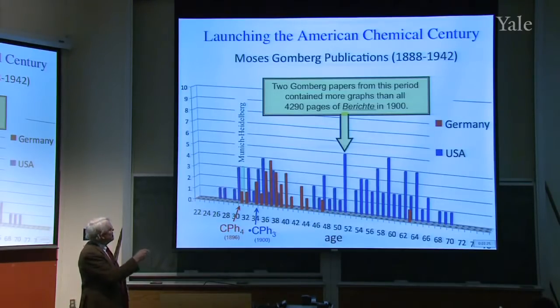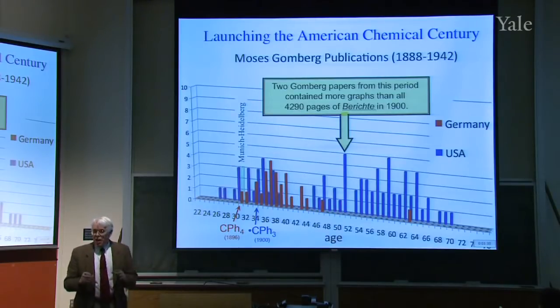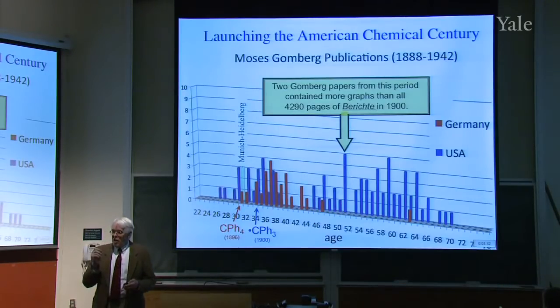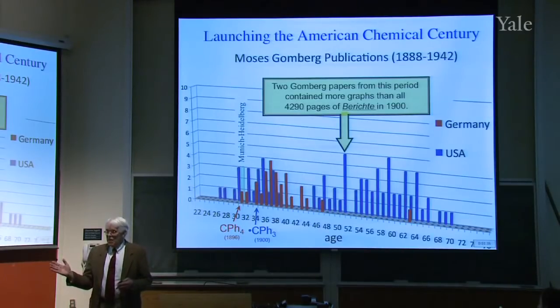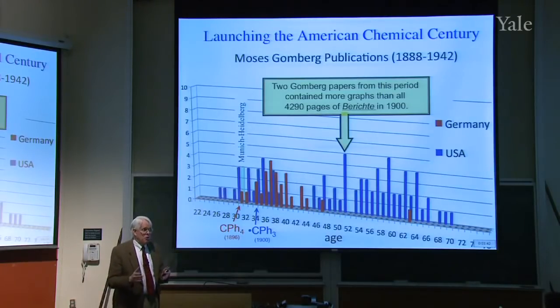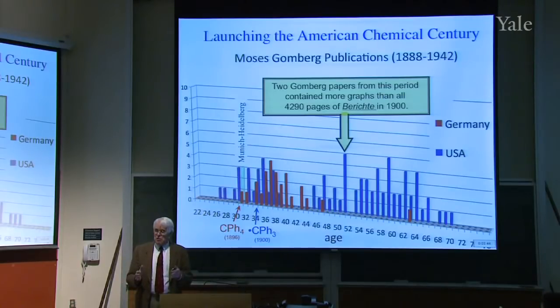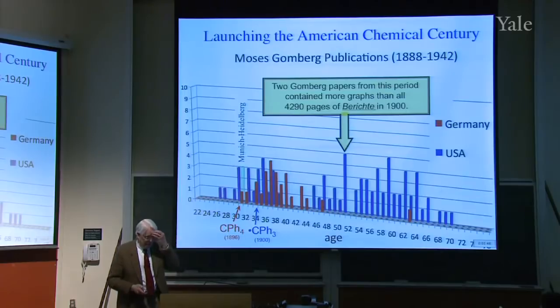In fact, in two of the papers from this period here, Gomberg's papers had more graphs than all those things in all of 1900 in the German main literature. So it showed not only were things coming to America, but physical organic chemistry, or the quantitative approach to organic chemistry, was rising as well.